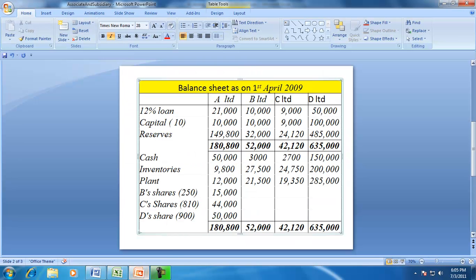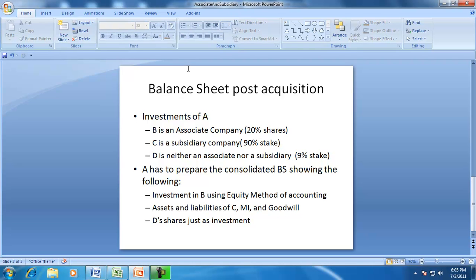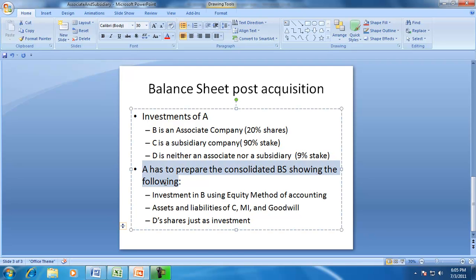To summarize this, in the investments of A, B is an associate company having 25% share, C is a subsidiary company because it's a 90% stake, and D is neither an associate nor a subsidiary. So in the consolidated balance sheet of A, consolidation is required because they have one subsidiary. The investment in B will be shown by using the equity method of accounting.